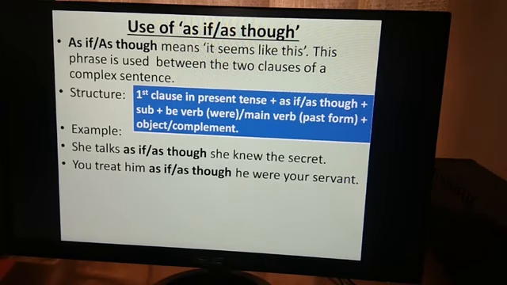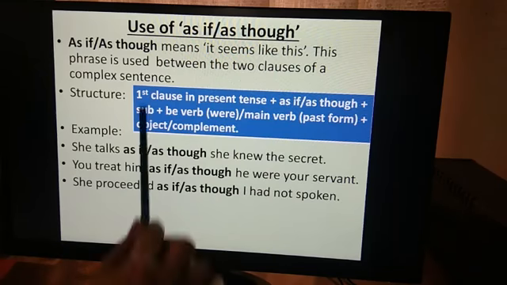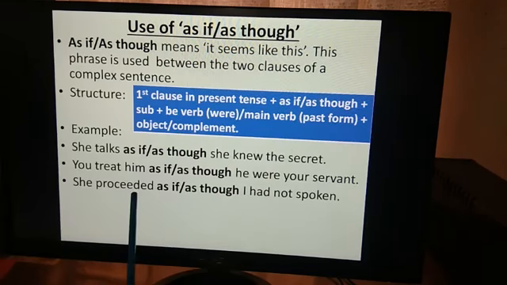Okay. Next, she proceeded as if or as though I had not spoken. She proceeded, first clause. Here comes the past form. Then as if or as though I had not spoken.